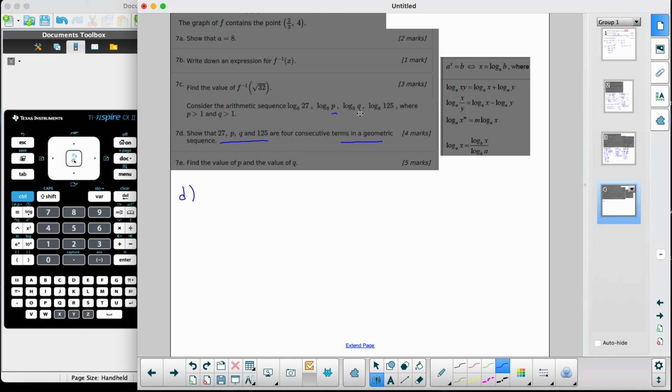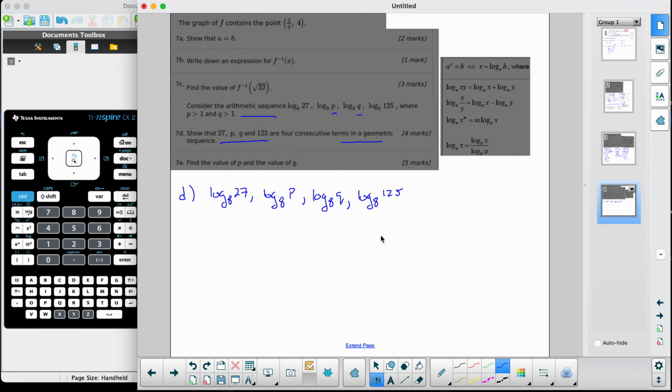So P and Q are here. Now they say this is arithmetic. All right, fine. Log base 8 of 27, log base 8 of P, log base 8 of Q, and log base 8 of 125.